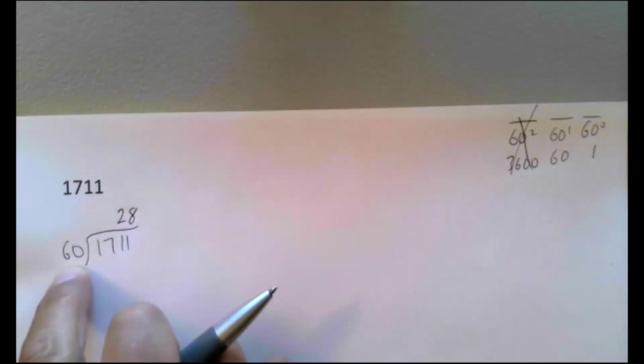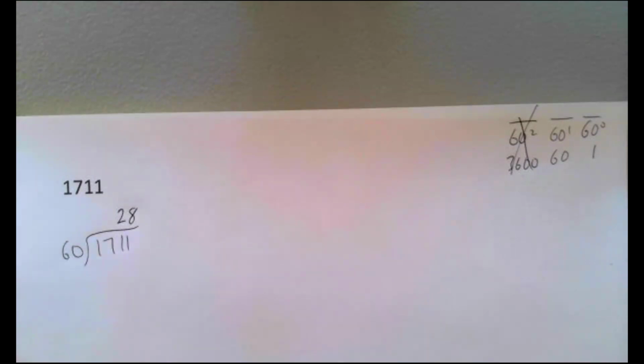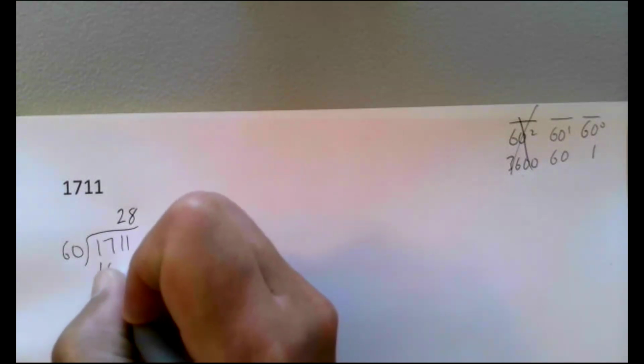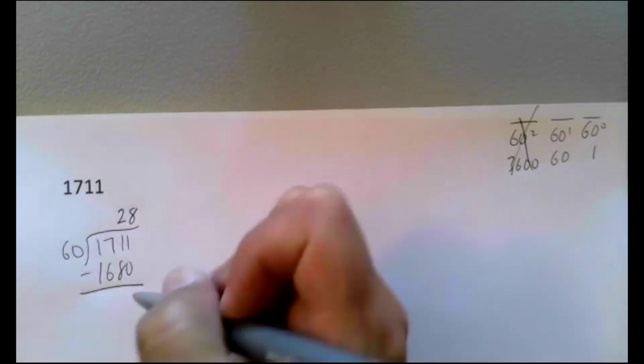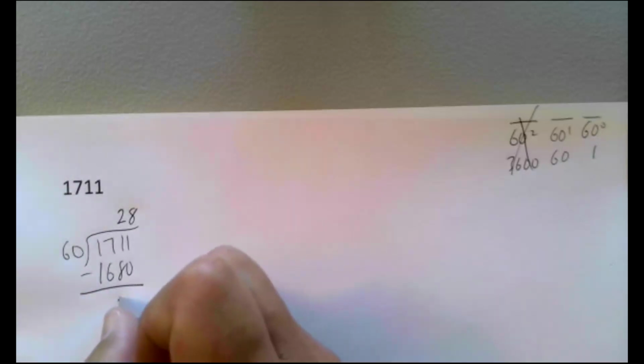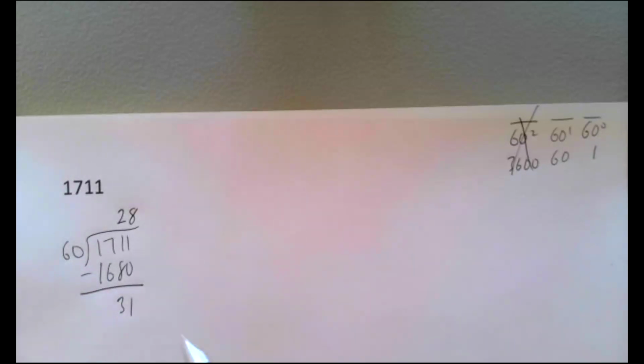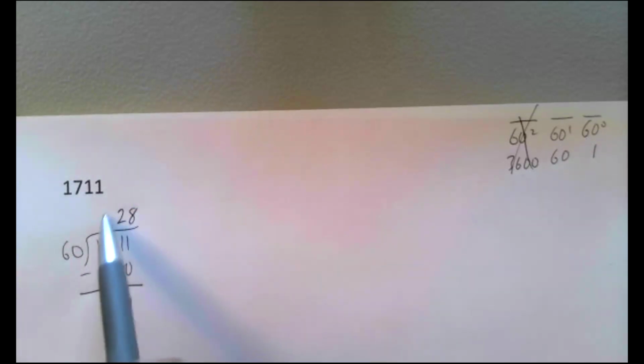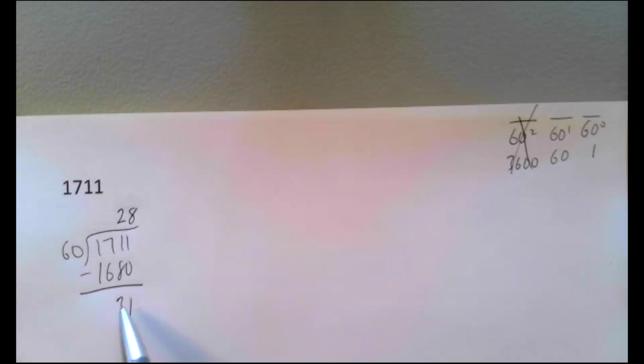Then we go 28 times 60, and we put that answer right there. 28 times 60 is 1680, and then you subtract. And you should get 31 when you subtract. That's your 60s place, that's your ones place. After you divide by 60, whatever you get for your remainder is always going to go in your ones place. I'm basically going to put a 28 in that spot and a 31 in that spot.